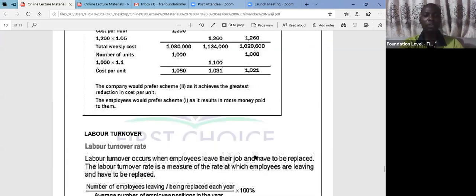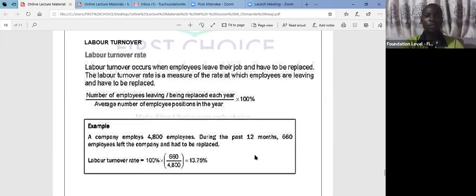Now look at labor turnover. What is labor turnover? Labor turnover occurs when employees leave their job and need to be replaced. So the number of people leaving the job and being replaced every year gives the labor turnover. How do we calculate it? You find the number of people leaving each year who are being replaced, and find the average number of employee positions in the year.